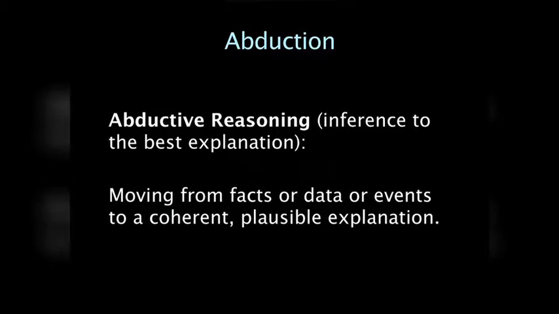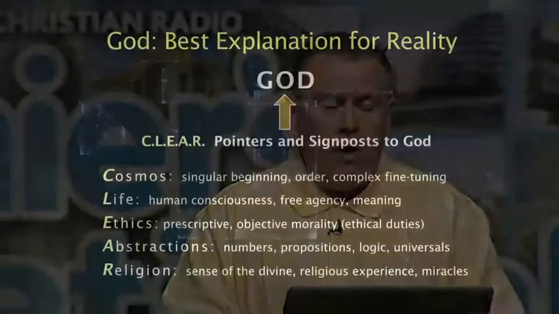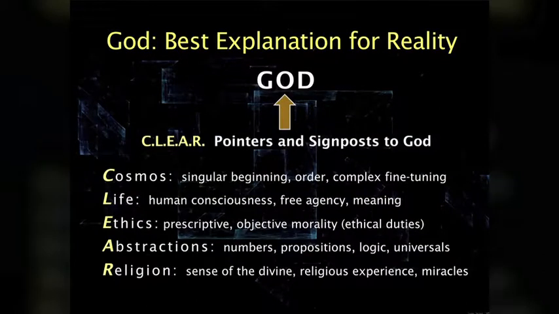A third way of reasoning, which is probably less well known, is called abductive reasoning, or inference to the best explanation. It's where you move from facts or data or events to a coherent, plausible explanation. And that's what I'm going to do with you. I'm going to use the word clear, C-L-E-A-R, as a mnemonic device, a memory device, a way of thinking about how we reason for the truth of the Christian God.